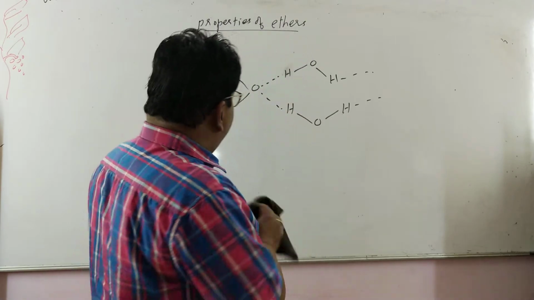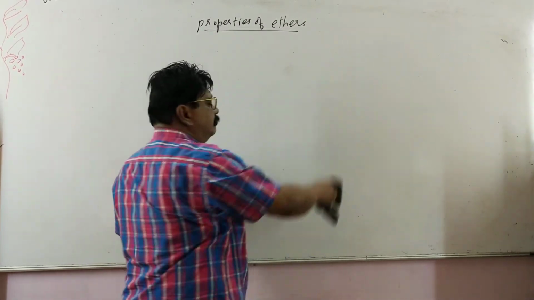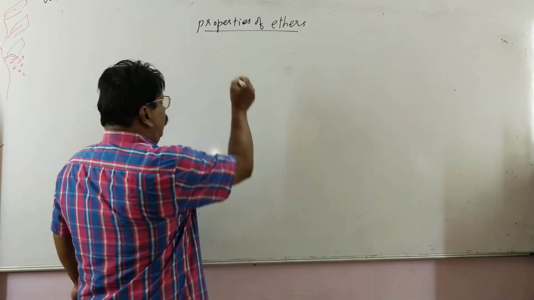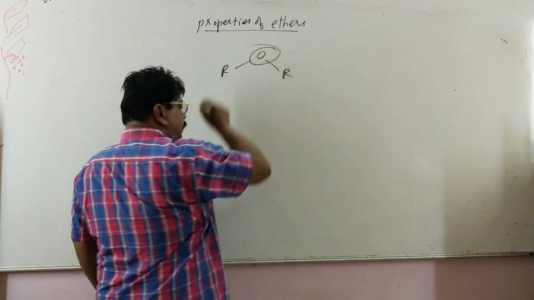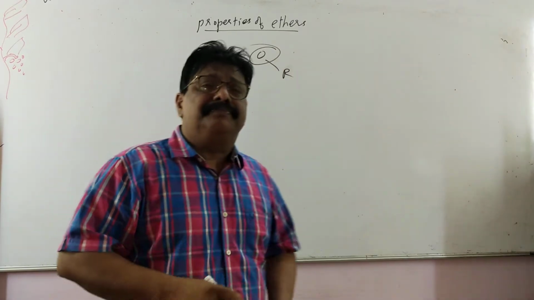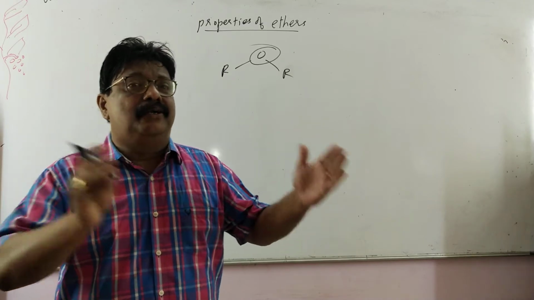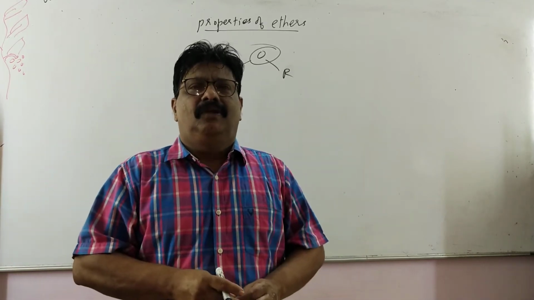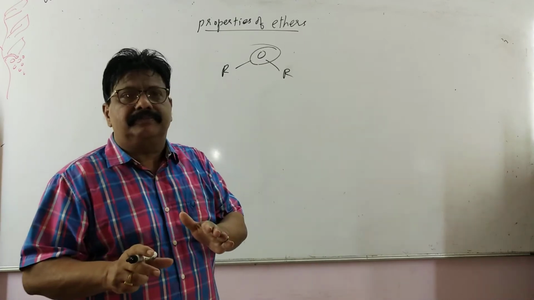Now regarding the chemical properties, in ROR, the oxygen functional group is surrounded by two alkyl groups, so the reactivity of this oxygen decreases.